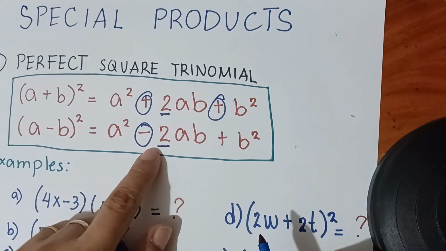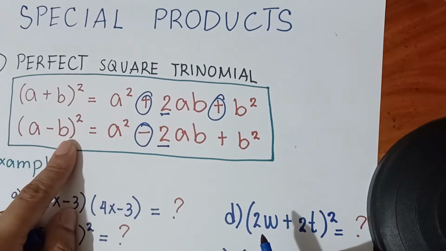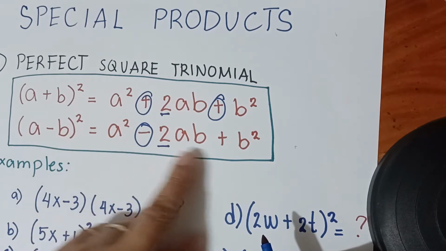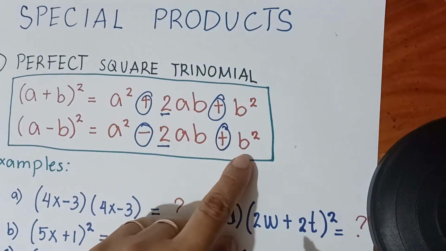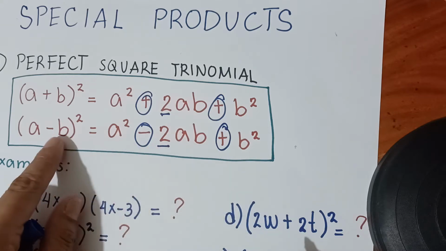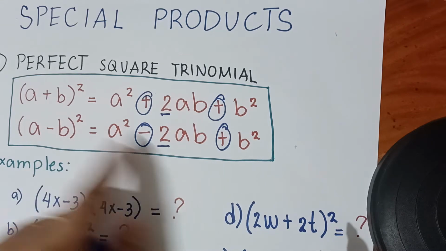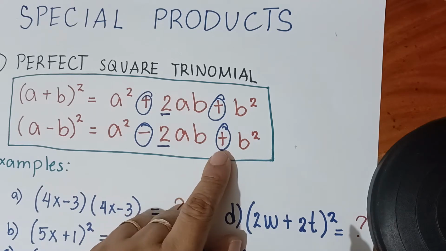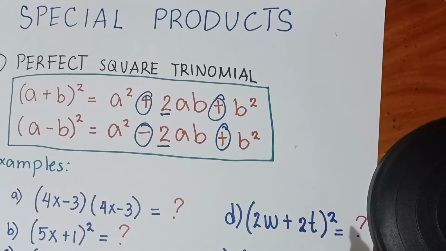Ibig sabihin, laging 2. Imumultiply mo yung product ng A times B times 2. Plus, the third term will be plus B squared. Why plus B squared? Because when you multiply negative B times a negative B, it will still give you positive B squared. Okay? So, yan yon.